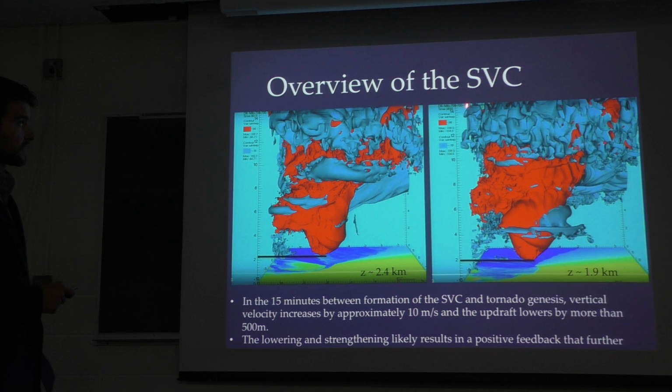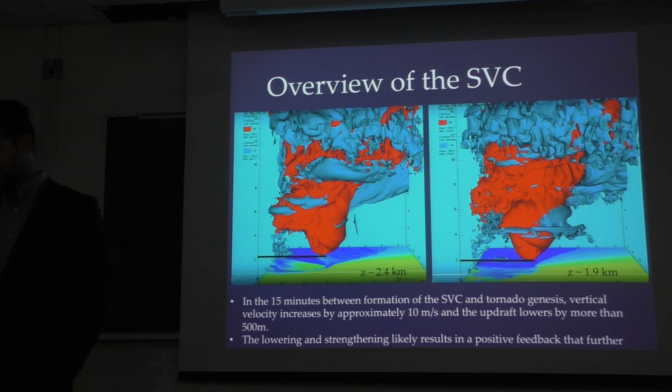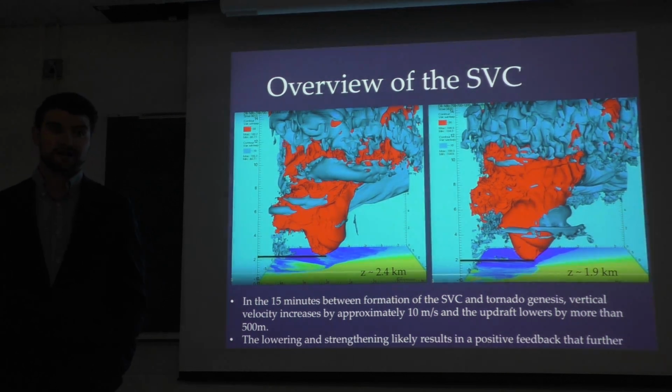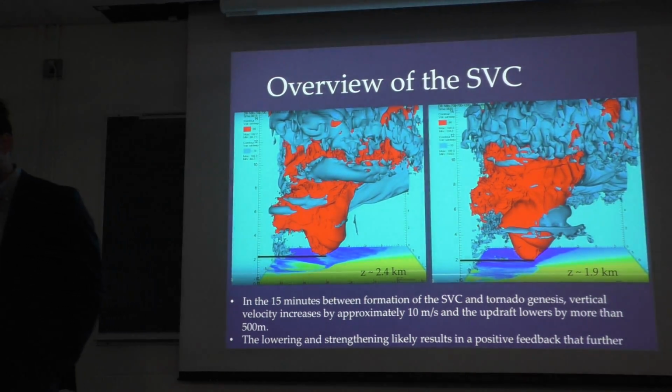Then over the course of 800 seconds, which is a little less than 15 minutes, it lowers by over 500 meters. This is one of the primary impacts of this feature that we've seen so far: it really works to lower this low-level updraft and strengthen it as well. Vertical velocity does increase by around 10 meters per second during this time as well. And this most likely results in a positive feedback that just continues to intensify this area of the storm.